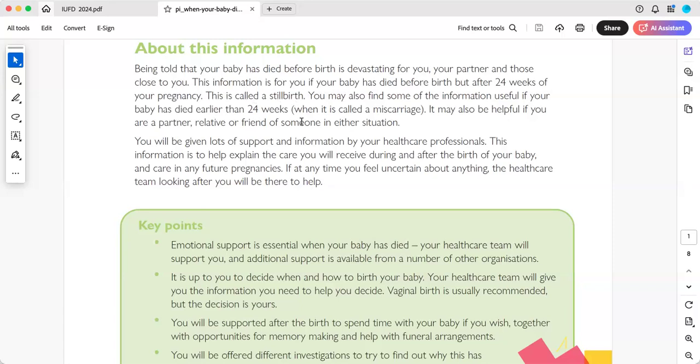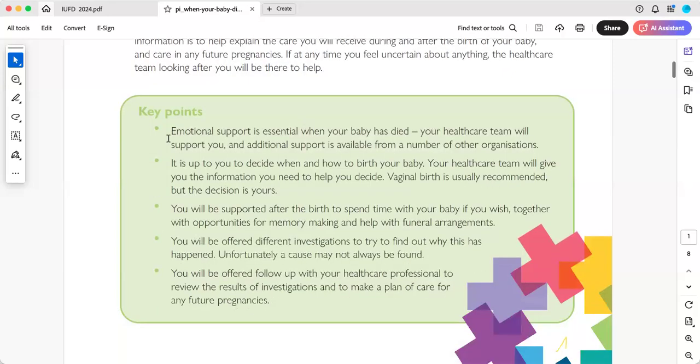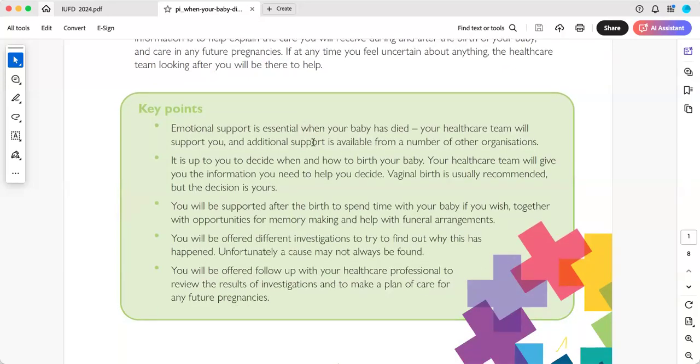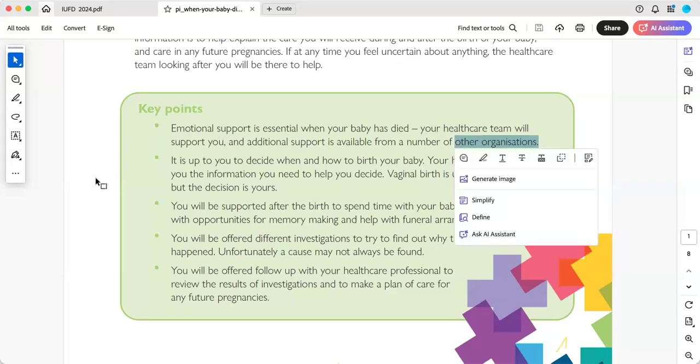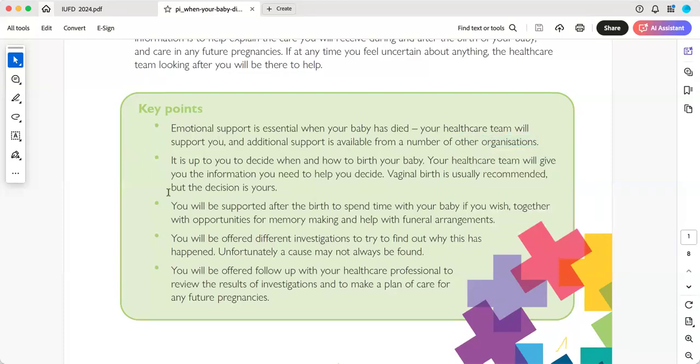The key point is that emotional support should be provided when the baby has died. The healthcare team will support you, and additional support is available from a number of other organizations. You should know one or two names of organizations that provide support to parents who lost a baby, like the Saints, for example.